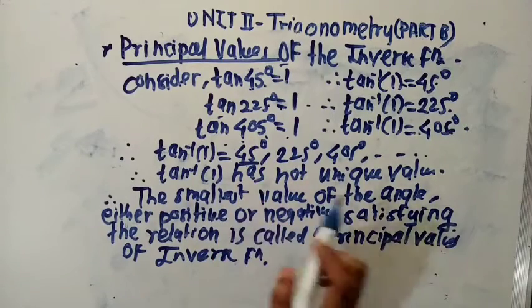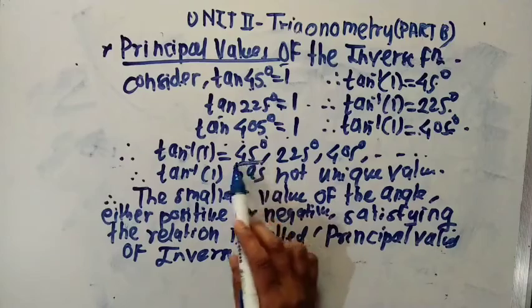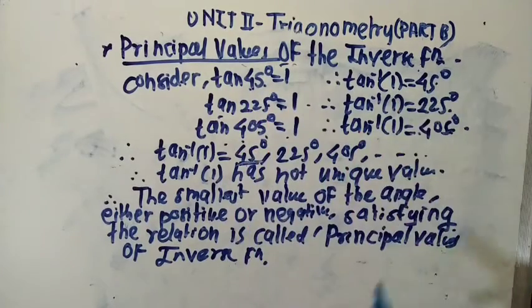Hence here the principal smallest value is 45 degrees, the principal value of the inverse function.